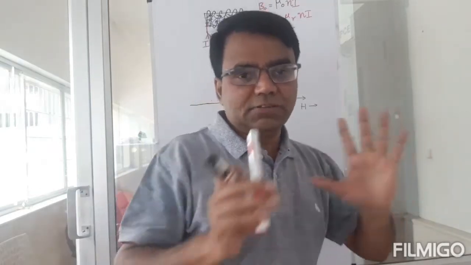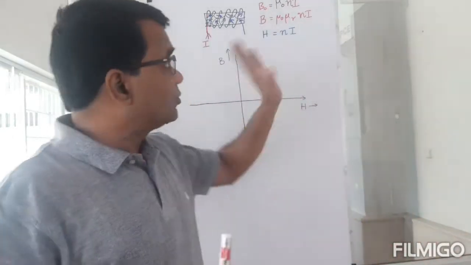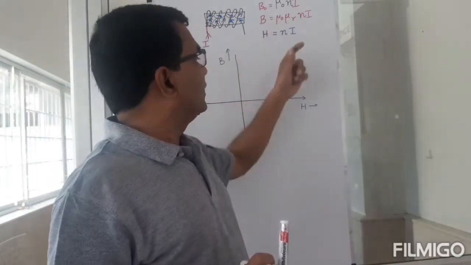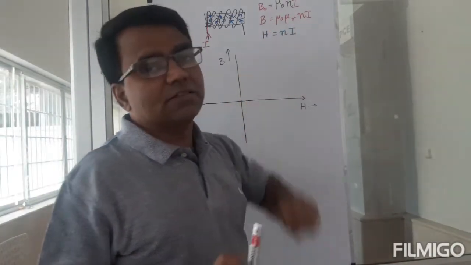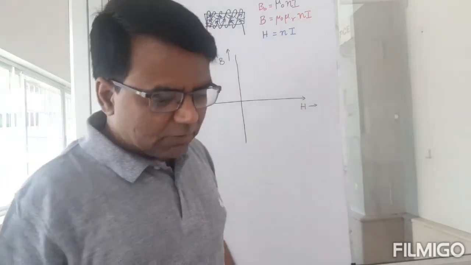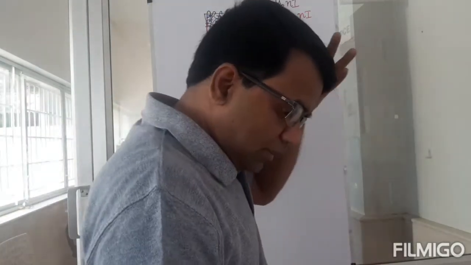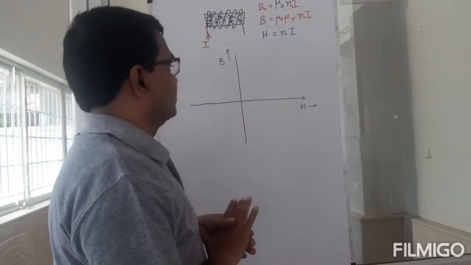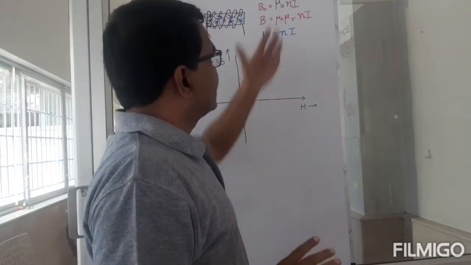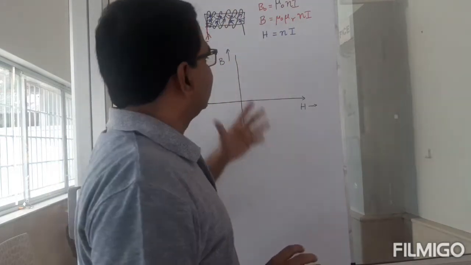Let's say I've taken an iron piece, or a cobalt piece, or a nickel piece. Once I've chosen the material, I have no control over mu r. I have control over only other stuff. Let's see what happens now, the general idea.